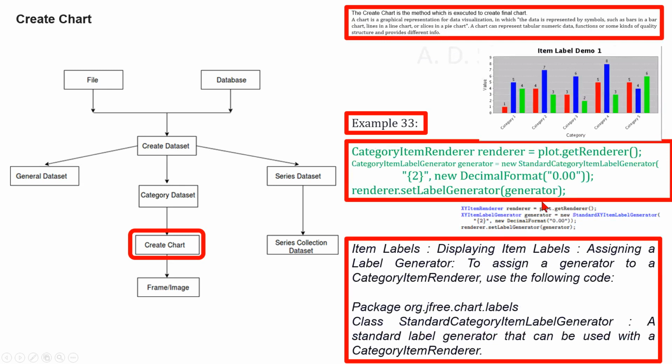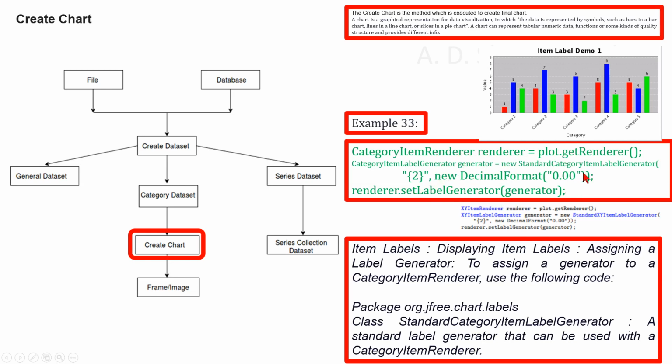Now we are considering assigning a label generator in displaying item labels in item labels. To assign a generator to a category item renderer, use the following code.